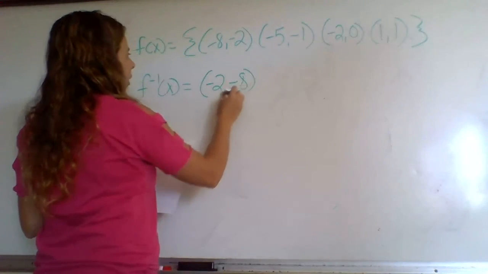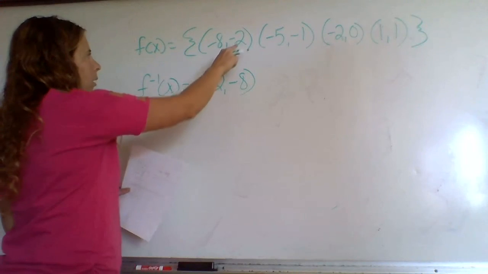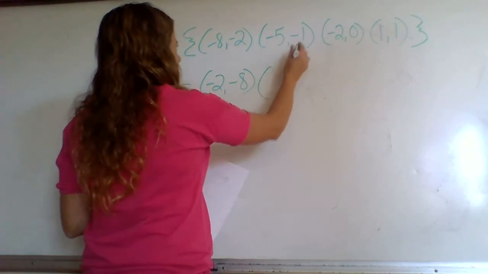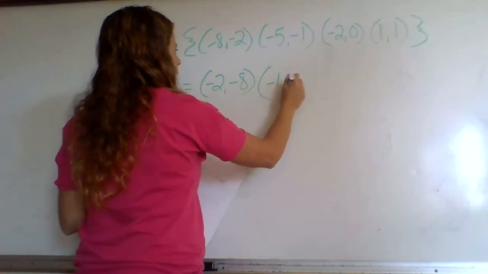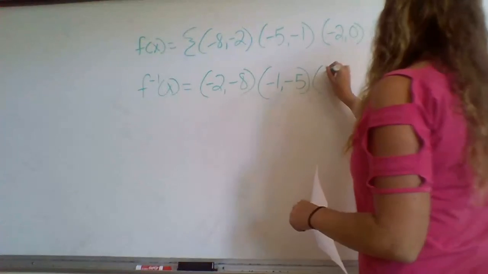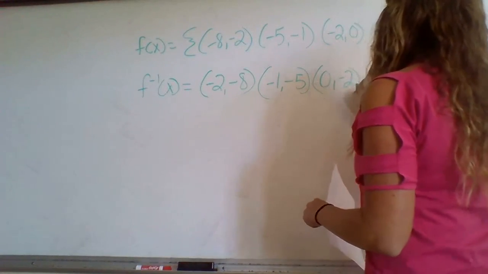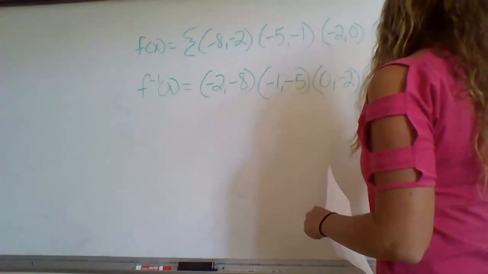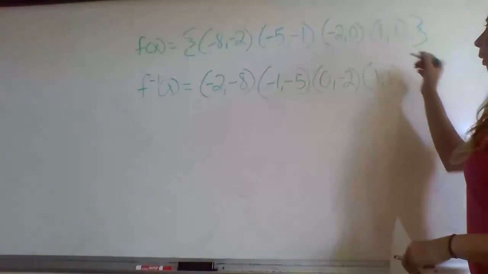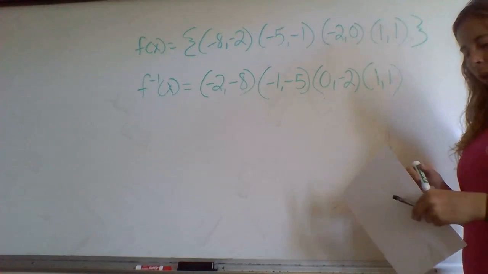They just switch spots. Your y becomes your x. This becomes -1, -5, 0, -2, and 1, 1. That one stays the same because they're both 1s. So there you go. That is your inverse, your x and y values.